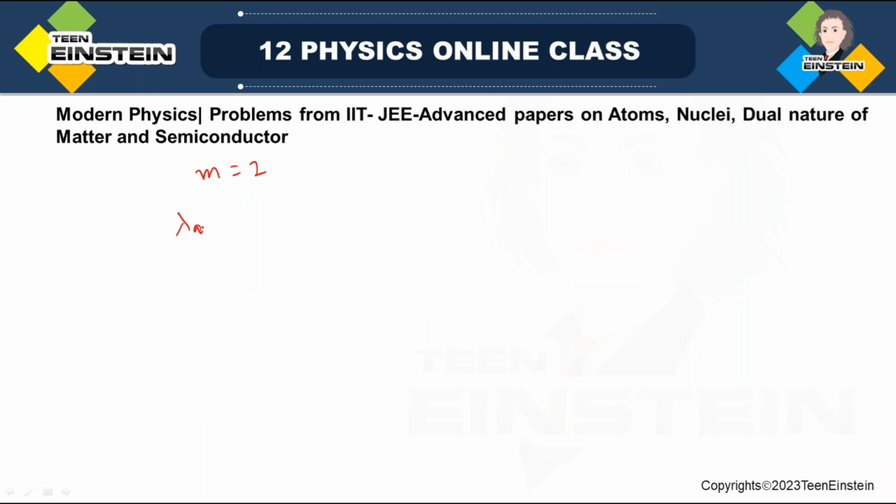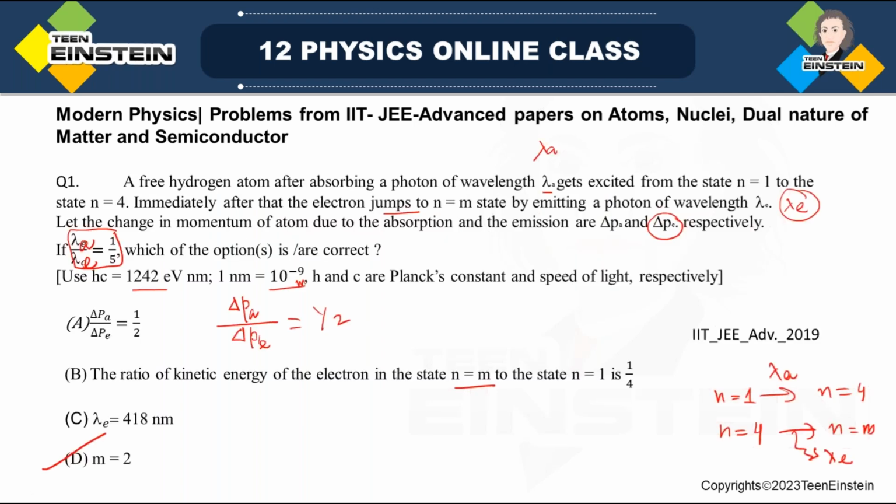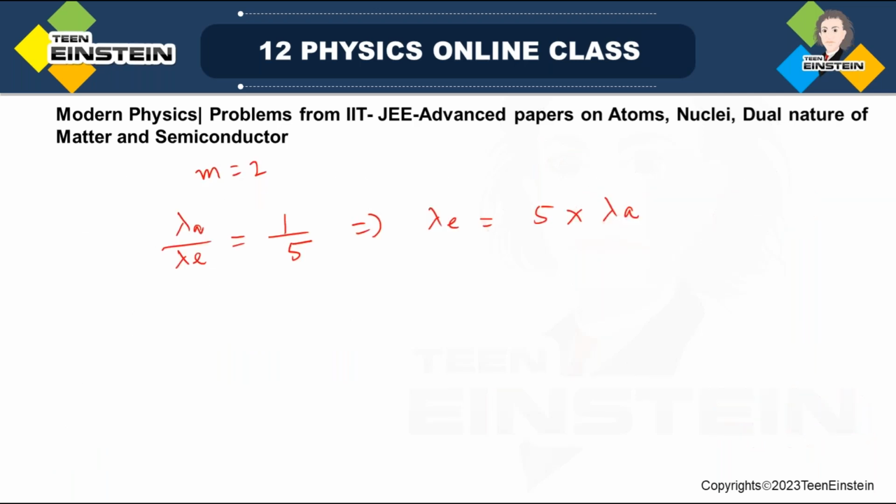So we know lambda a by lambda e is 1 over 5. But lambda a is also not given.